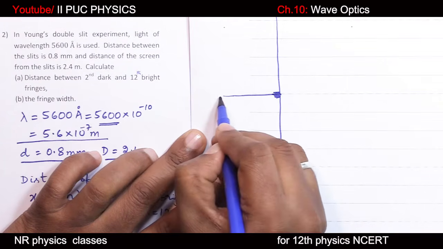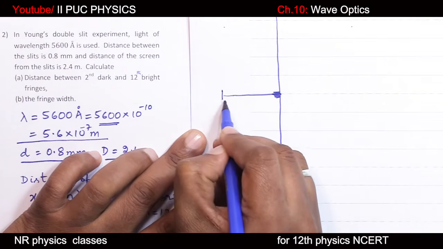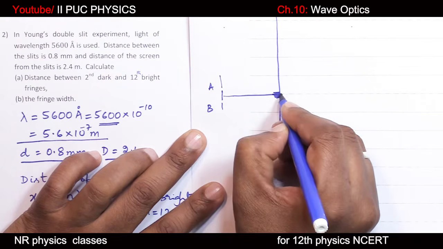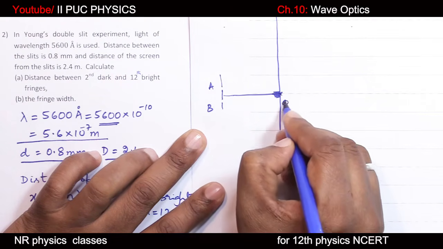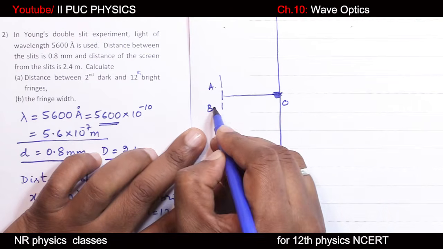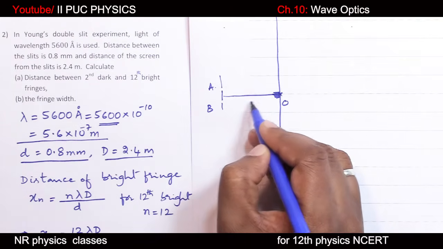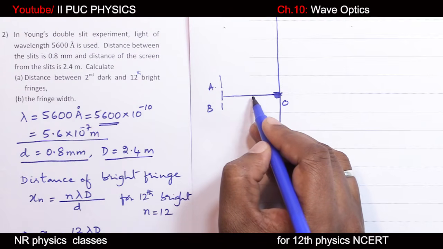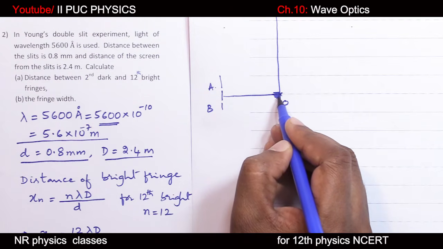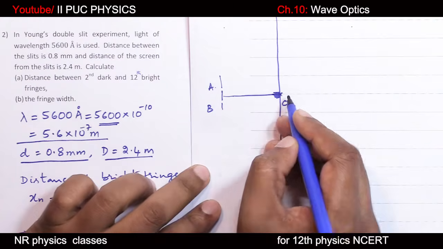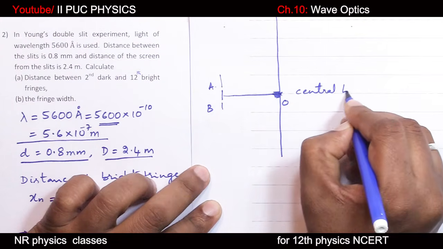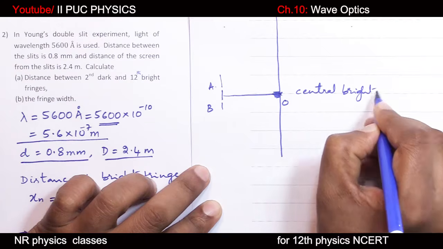The central one, which is on the median, because if there are two slits like this, A and B, this point O is equidistant from A and B. Then this line is called the median. So the fringe on the median is always bright, which is called central bright fringe. Okay.